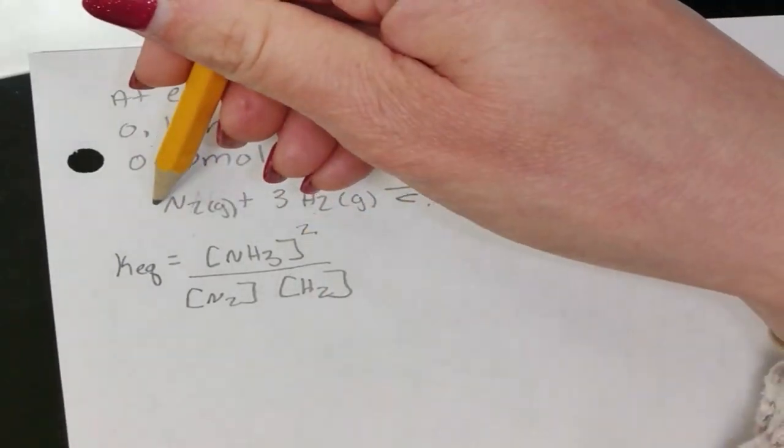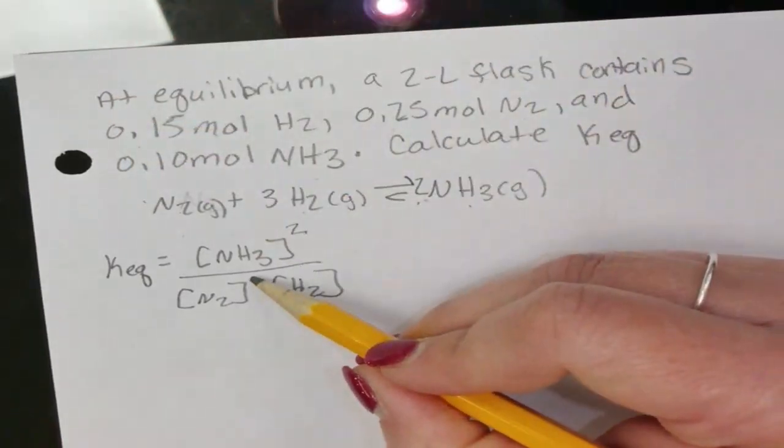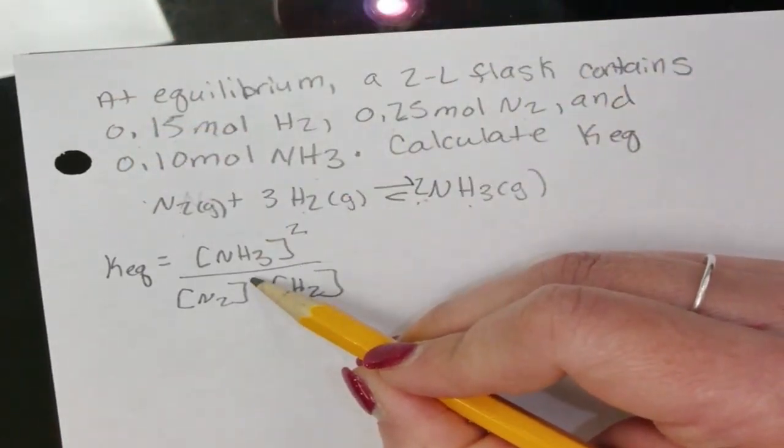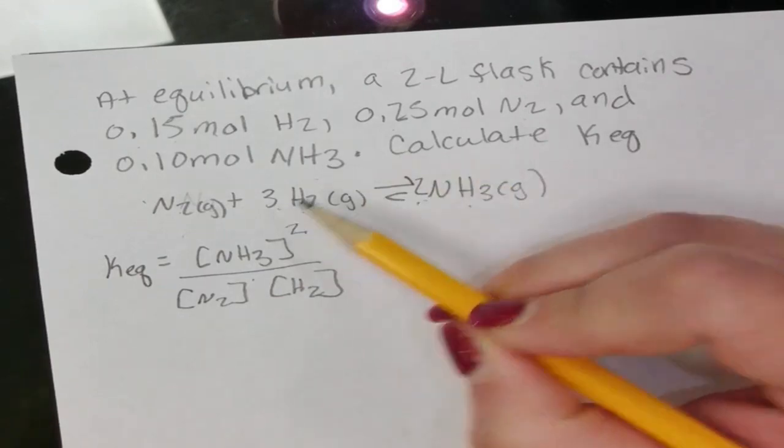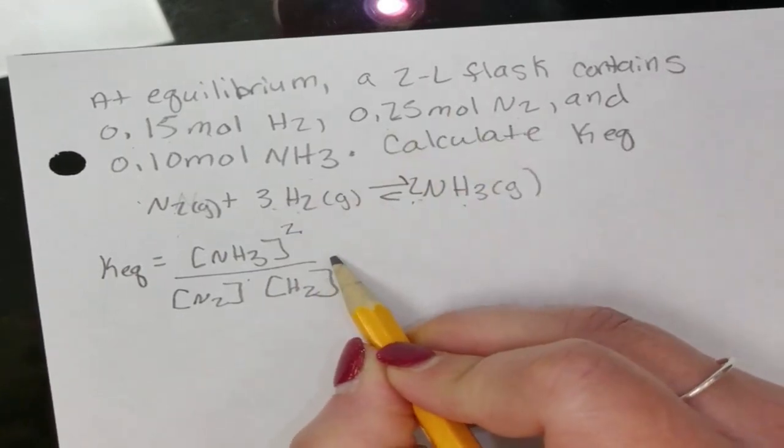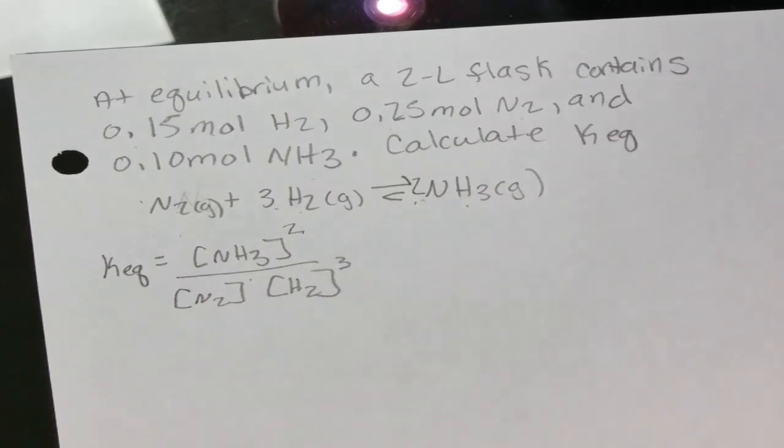I have 1 mole of nitrogen, so this is raised to the first power, and we don't write a 1, remember that's understood. I have 3 moles of hydrogen, so my hydrogen is raised to the third power. So there is my equation: NH3 squared over N2 times H2 to the third power.